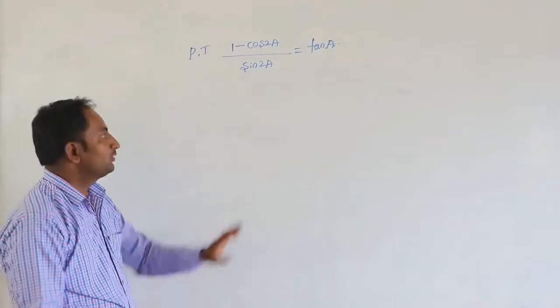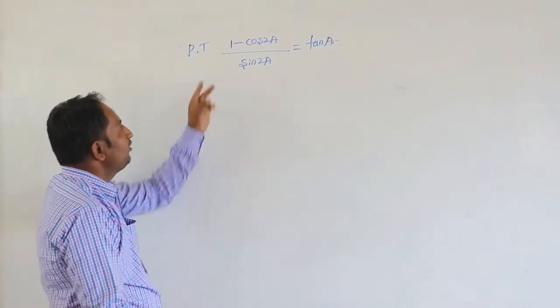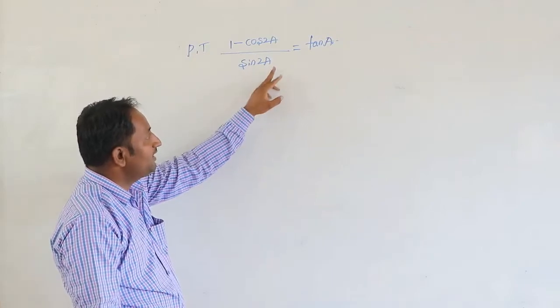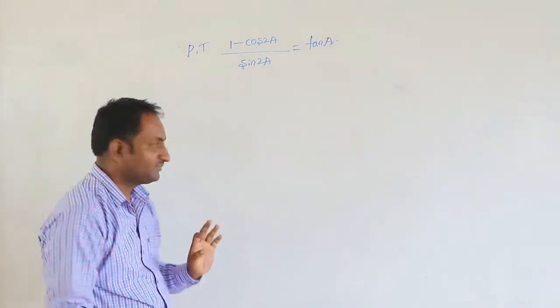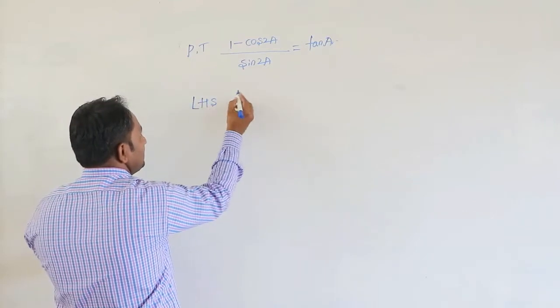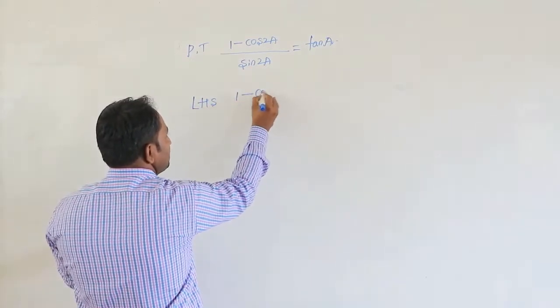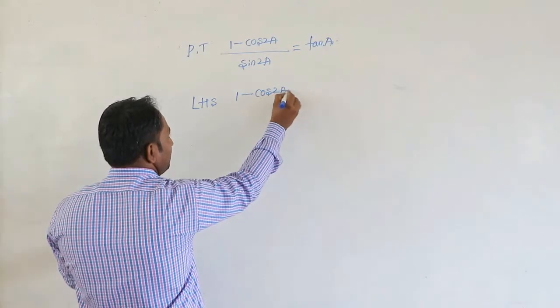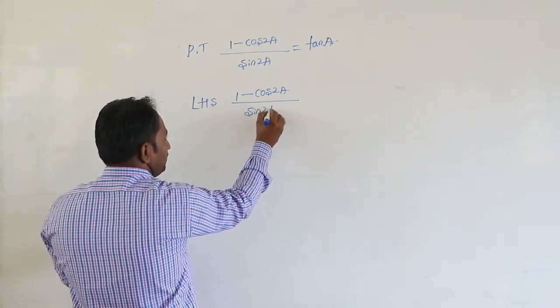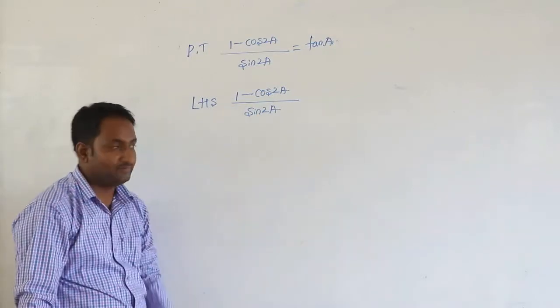Here, the next problem is 1 minus cos 2a divided by sin 2a is equal to tan a. Consider again the LHS part. That is 1 minus cos 2a divided by sin of 2a.